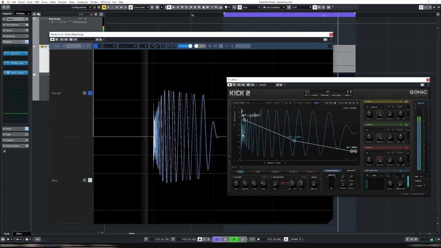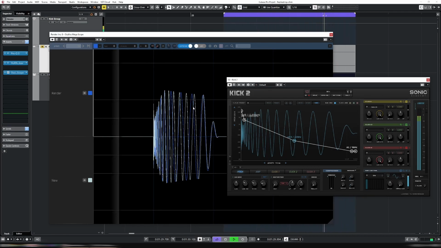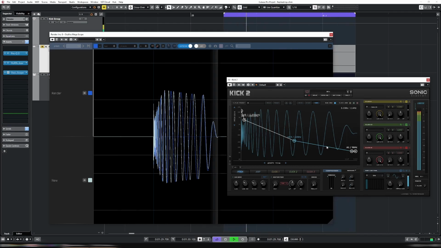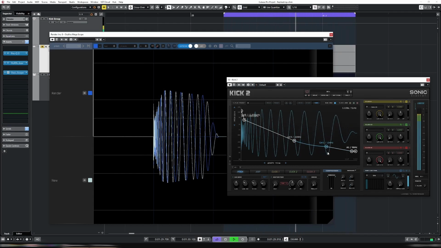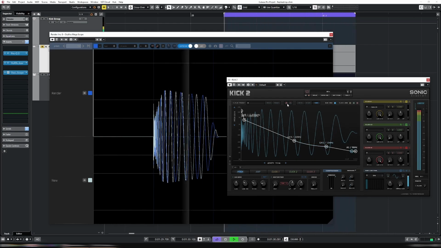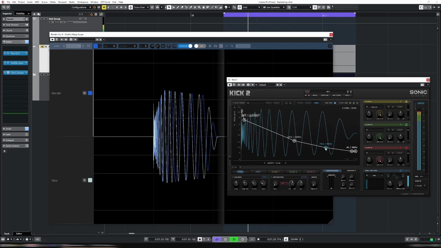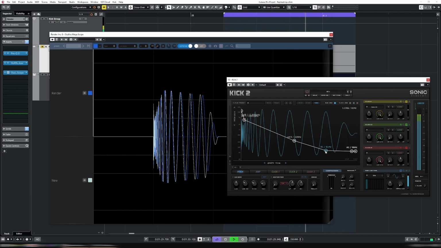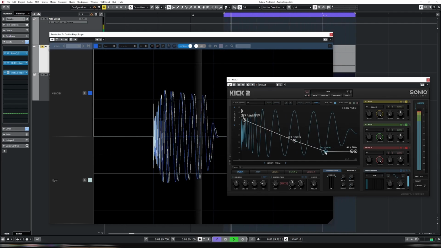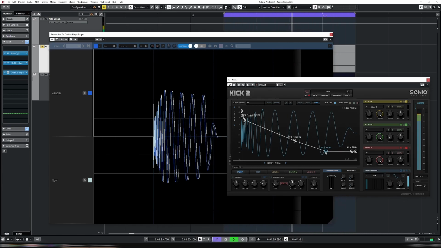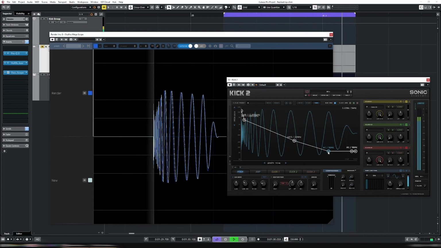So we're a little bit out still with the lows, so let's add another low node and push these further to the right. There we go, I think we're very, very close now.